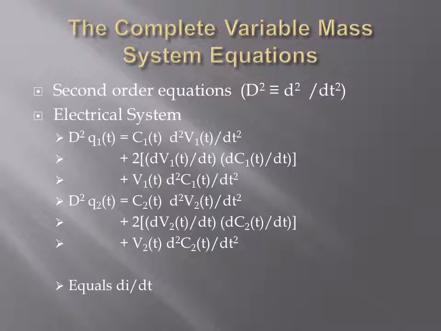So this also is a quadratic form of the results, and we have two equations labeled by the subscripts 1 and 2 as we have in the mechanical energy domain. And this result, the second derivative of charge, equals the derivative of current with respect to time.